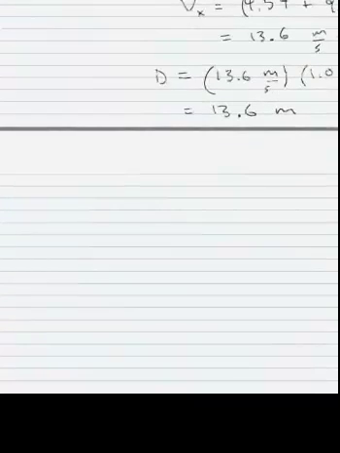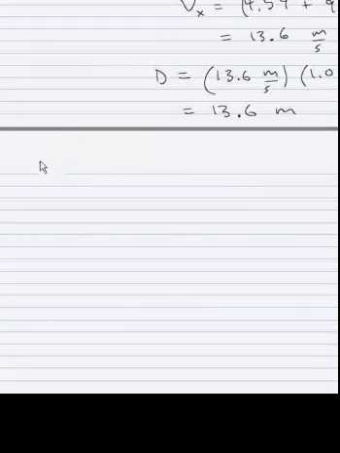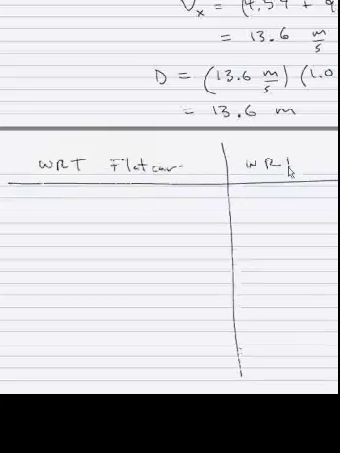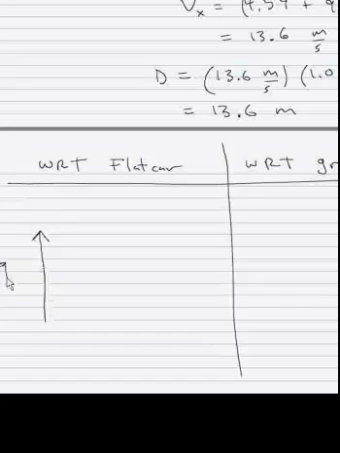The last thing we want to do is take a quick look at what the angle is to the two observers, the observer in the flat car and the observer on the ground. So with respect to the flat car, and with respect to the ground, in both cases we have a y velocity of 9.8.